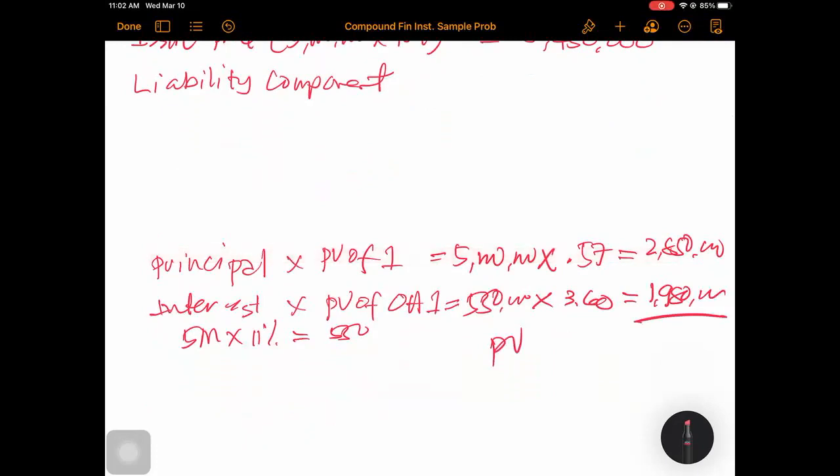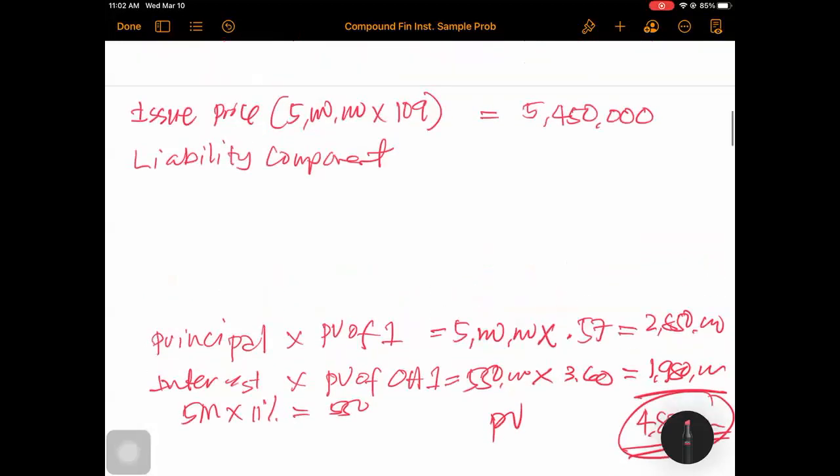That's 2,850,000 plus 1,980,000, that's 4,830,000. Mao ba ning initial measurement sa atong bonds payable? Yes or no? Okay, yes, di ba? This is the initial measurement of our bonds payable.